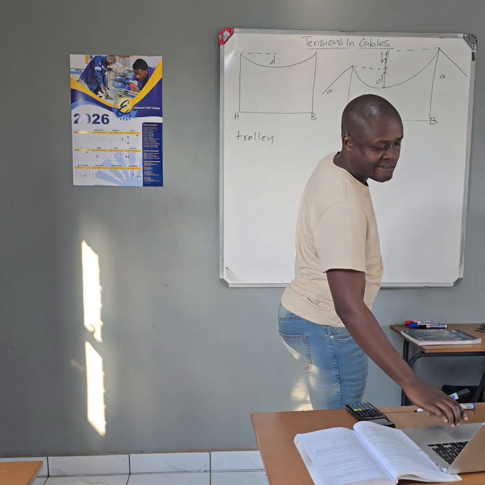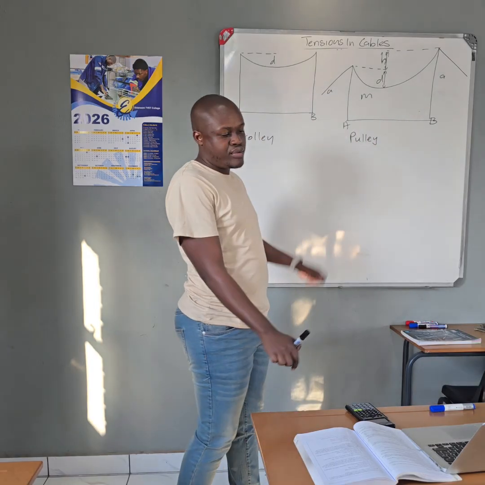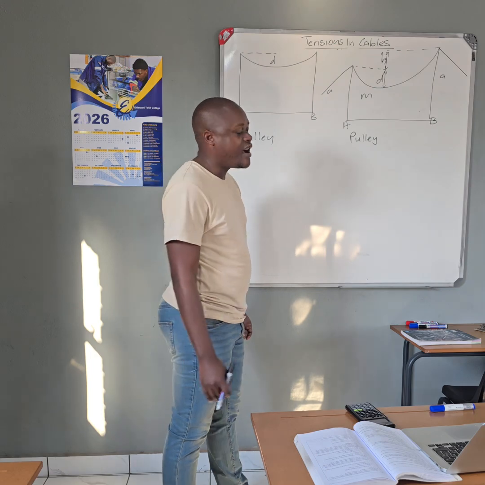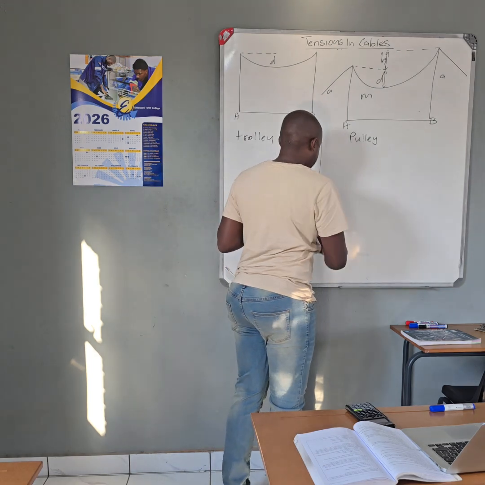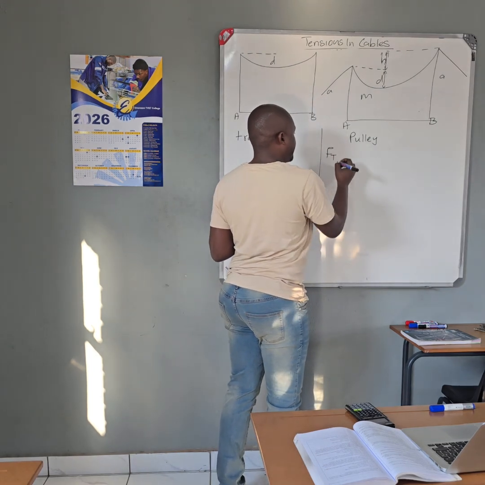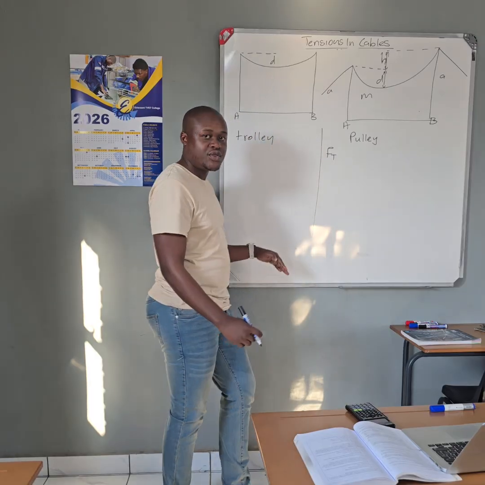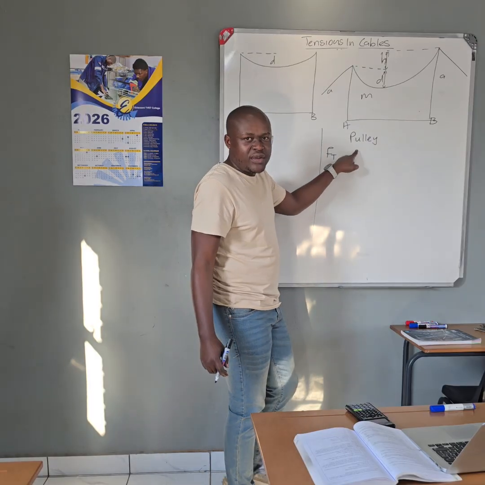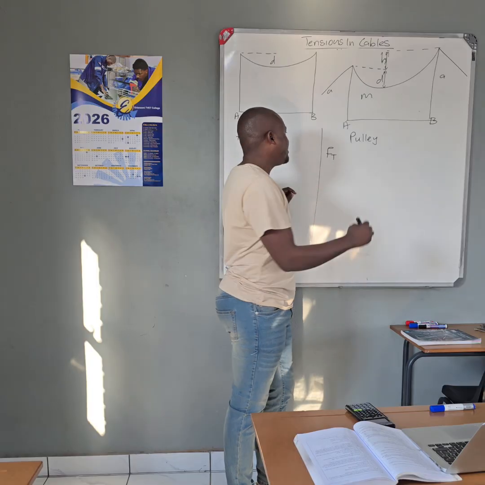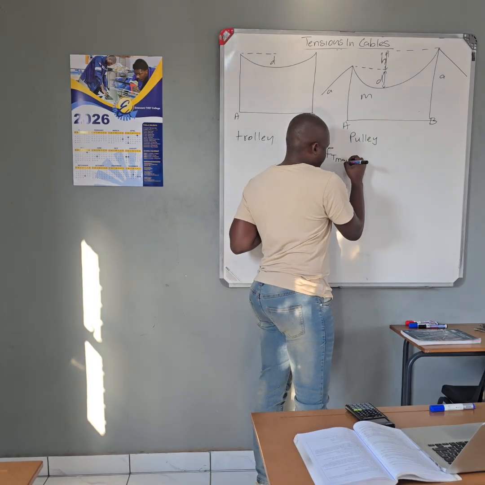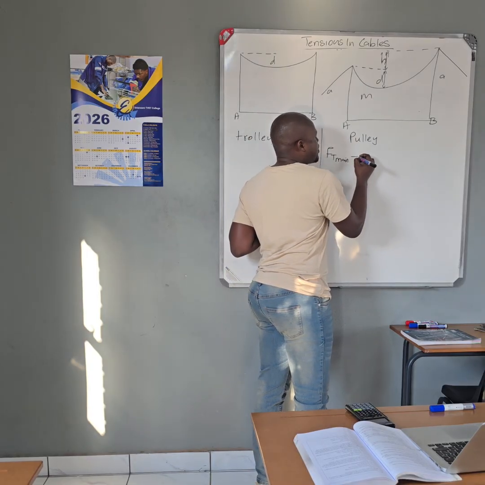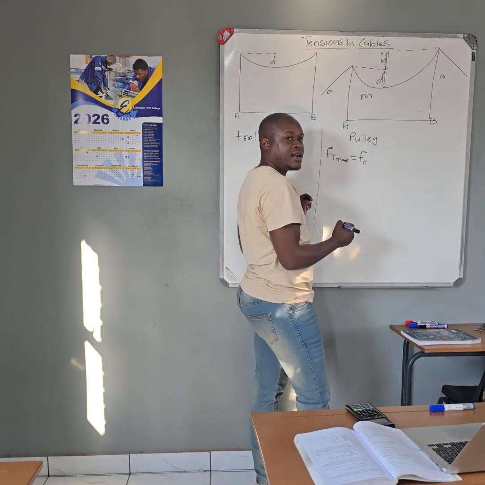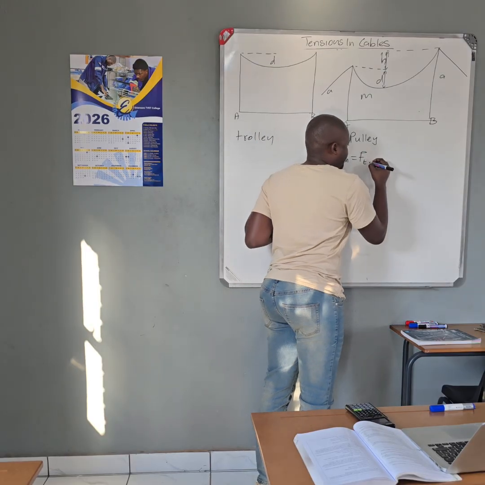If there is a pulley, what does that mean? It means that now, FT, please note this, you should know it. If it's a pulley, FT of your main cable is going to be equal to FT of your anchor cable.